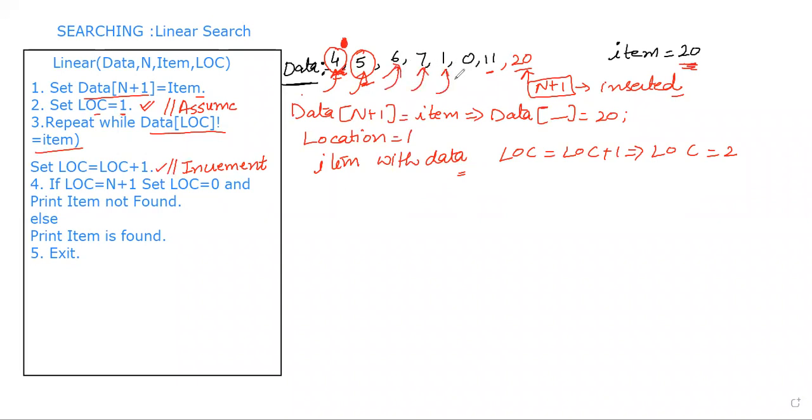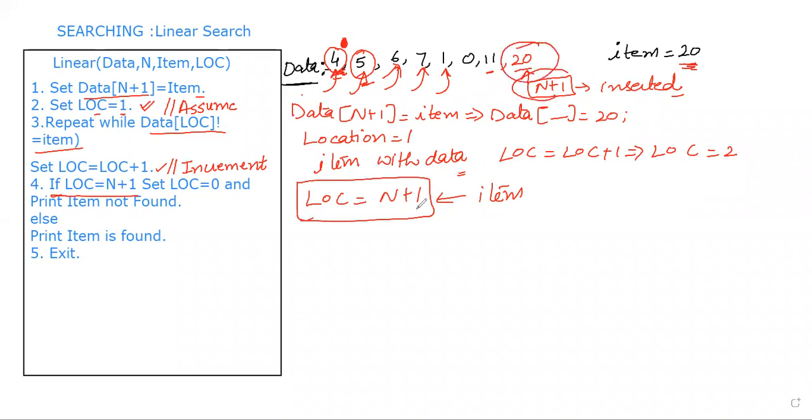Next, we keep on doing this process one by one, and we find that we are still not able to find the item that we were looking for. Now, if there comes a case when you find location is equal to n plus 1, it means the item is present at location n plus 1. What is this n plus 1? N plus 1 is the location at the end of the array.